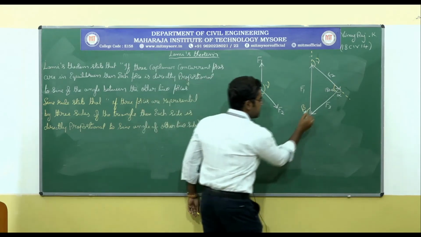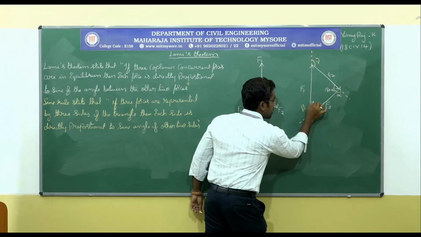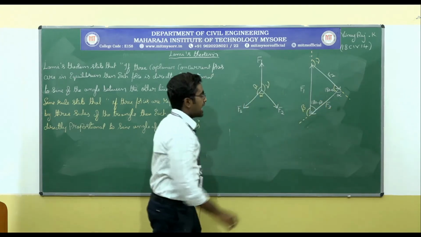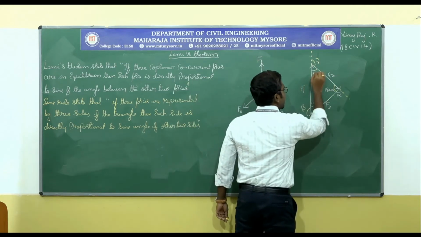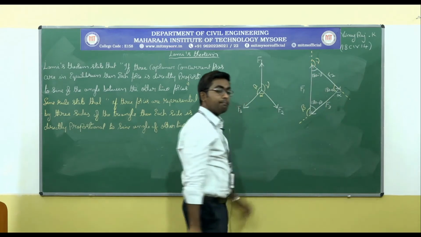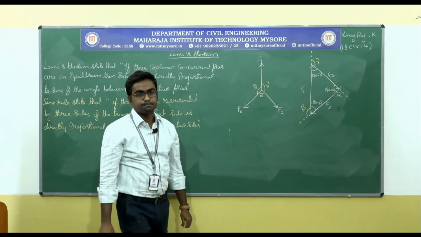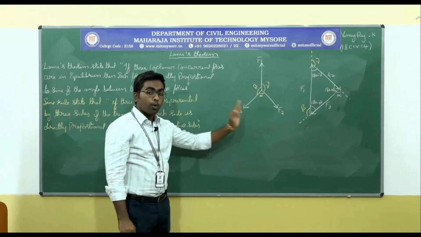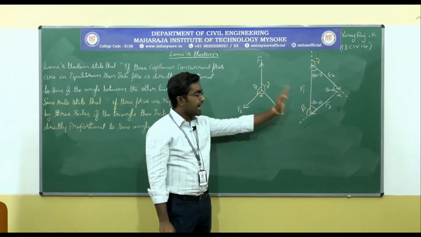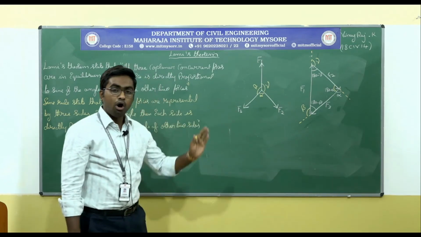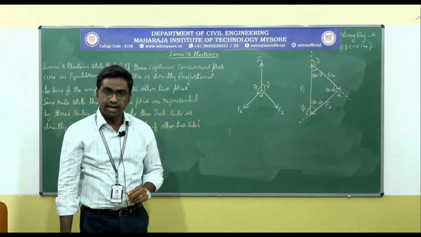In the same way, this will be equal to 180 minus beta, and in the same way this will be equal to 180 minus gamma. That will complete the triangle. Right? So I have represented the three coplanar concurrent forces by the sides of the triangle, and also I have mentioned all the angles. Right?